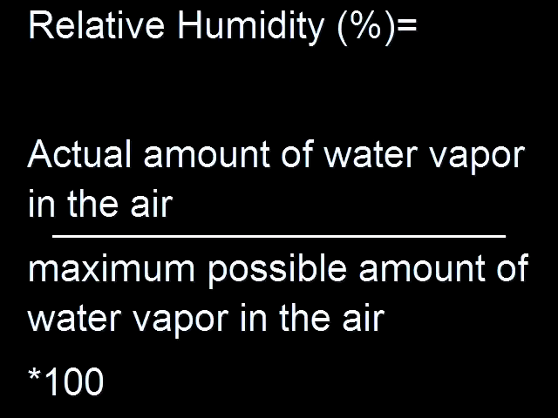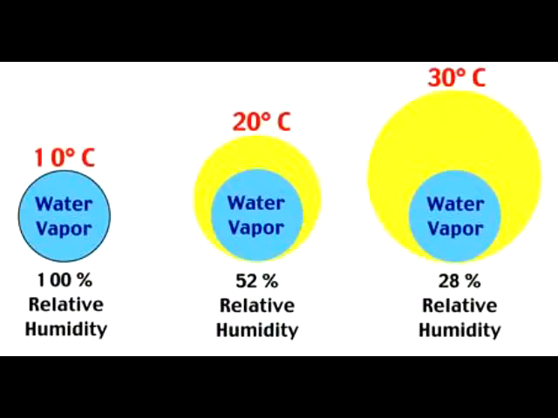Relative humidity refers to the amount of water vapor in the air relative to the possible amount, which is defined by the saturation. That implies that if you change the temperature of the air, you automatically change its relative humidity, even though its water vapor content might be the same.